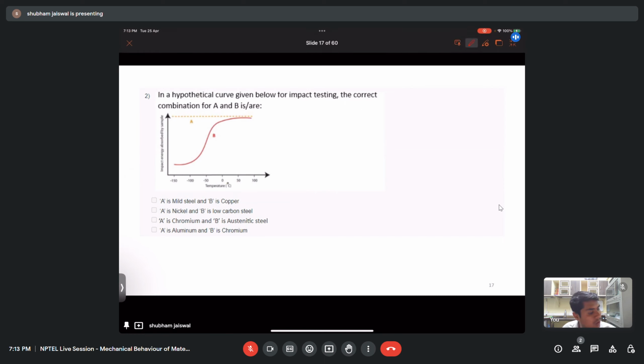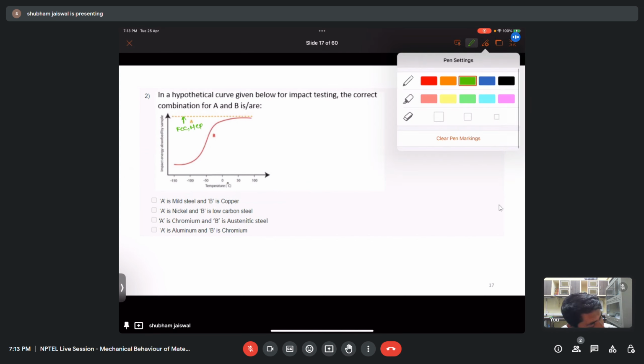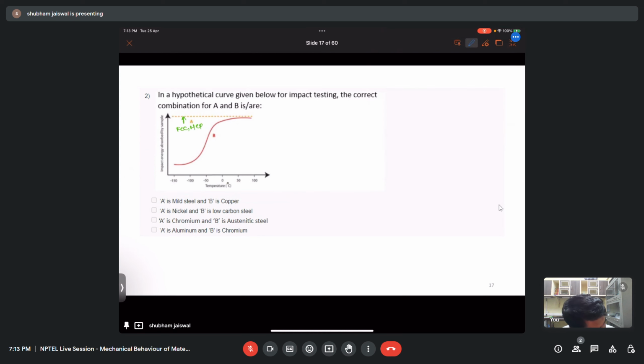We have seen that this graph is generally for FCC and HCP material, and this one belongs to the BCC material.